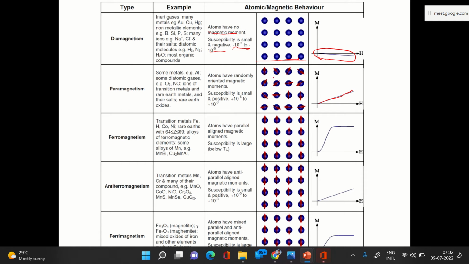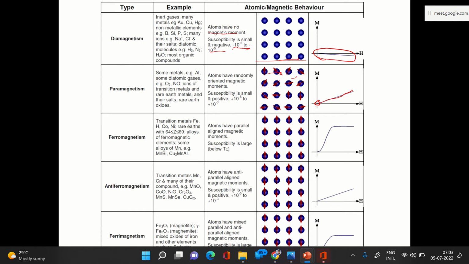Initially the spins are randomly oriented. So overall the magnetization is zero when there is no field applied, because although atoms have individual magnetic moments in the crystal, the overall magnetization is zero because of the random orientation.